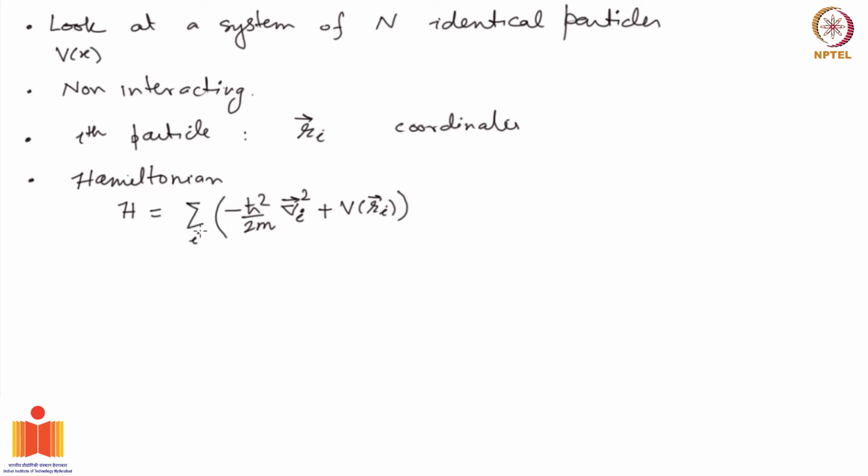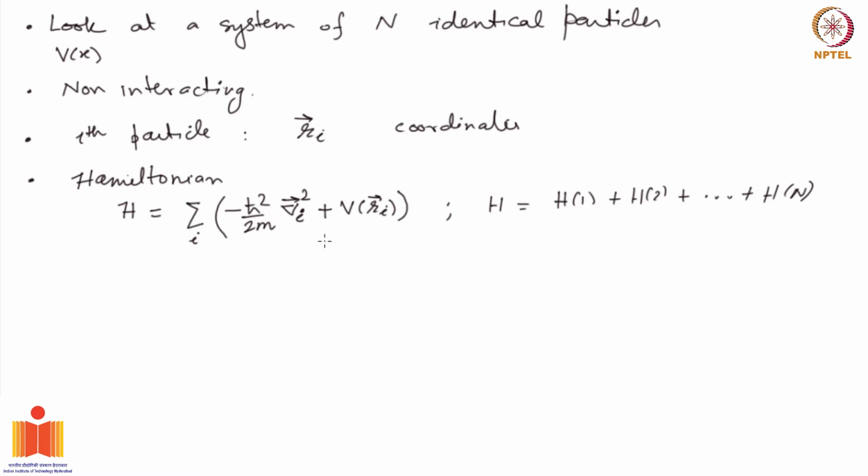Okay, or in short, let me write H equal to h1 plus h2 up to hn, where n is fixed. When you are specifying the system, you have to tell me how many particles you have in the system.